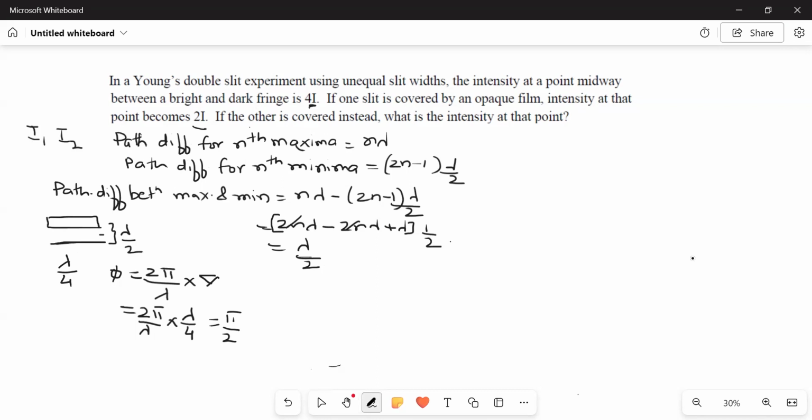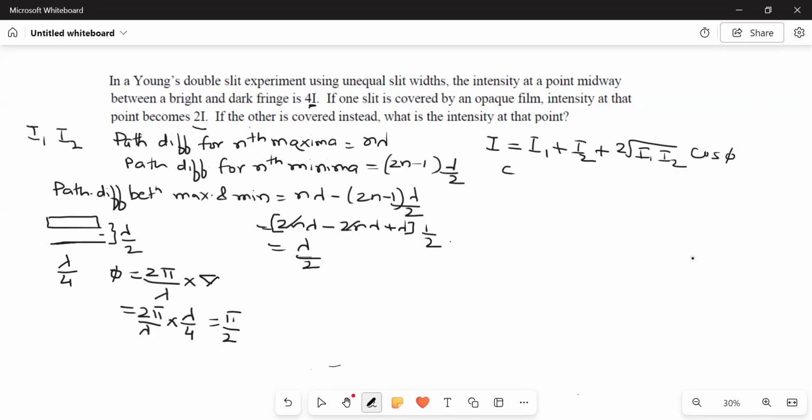Now we can find out the intensity. We will use the intensity relation, that is I equals I1 plus I2 plus 2 under root I1 I2 cos phi.